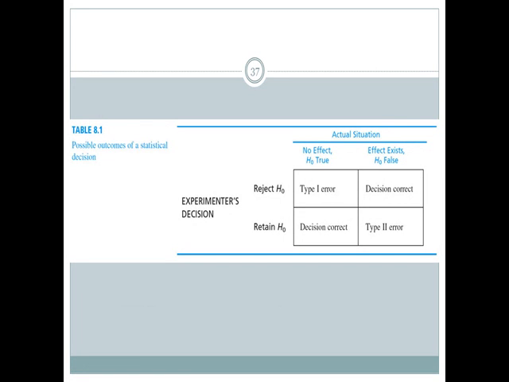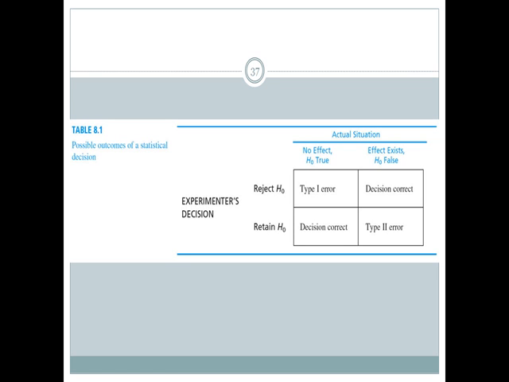Now, we hope that if an experimenter rejects the null hypothesis and the effect actually exists, then in that upper right hand corner we make a correct decision. We hope that if an experimenter conducts a test and says we should retain the null hypothesis and there's actually no effect, then we've made a correct decision. That's the bottom left hand box.